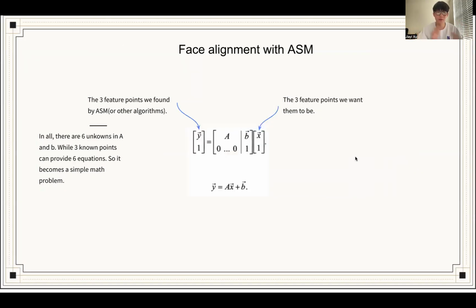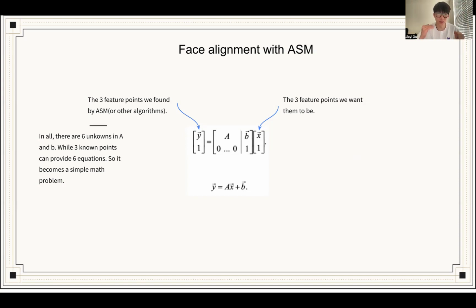After we use the ASM to find where the face is in our original images, we have three points we want them to be. For example, we want our eyes to be on the corner of the images. We should know exactly what that point is.